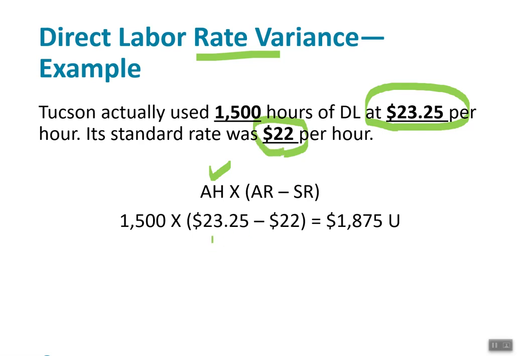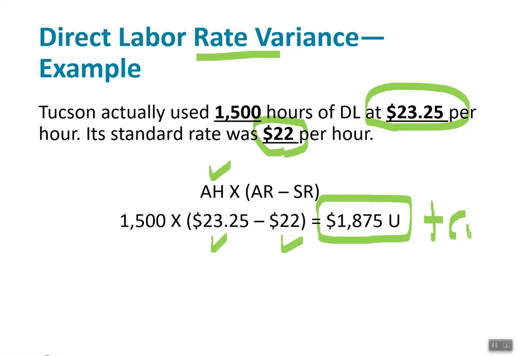And notice that anytime the actual amount is higher than the standard amount, you have an unfavorable variance. When you do this calculation, what you'll find is unfavorable is positive. It's positive because the cost is greater. So in other words, positive costs are unfavorable.